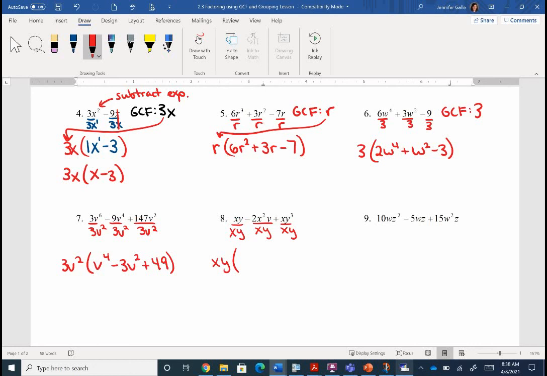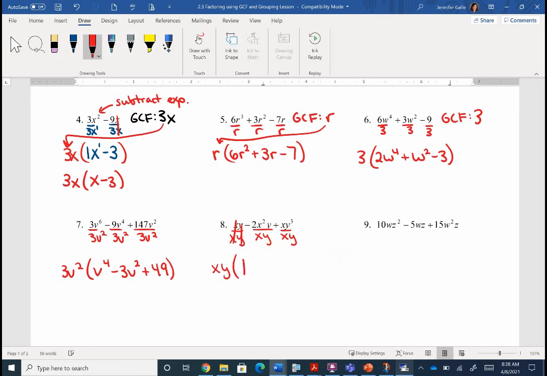Here's why I've been very careful to not say the word cancel, and I've corrected the people that have said the word cancel. It's true, xy, xy, yep, I could draw lines through them, but they don't cancel. What if I have the same thing divided by itself? It doesn't equal 0. What does it equal? It equals 1. So your first entry for number 8 should be a 1.